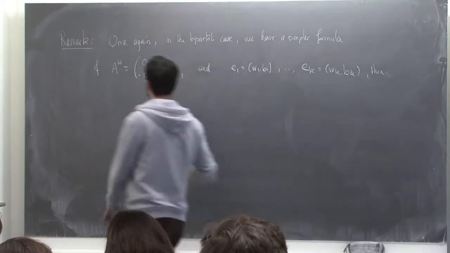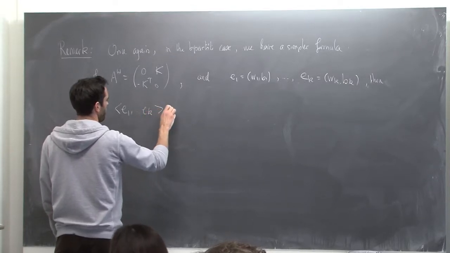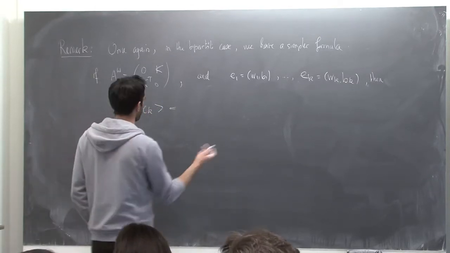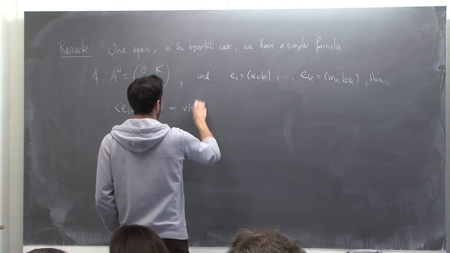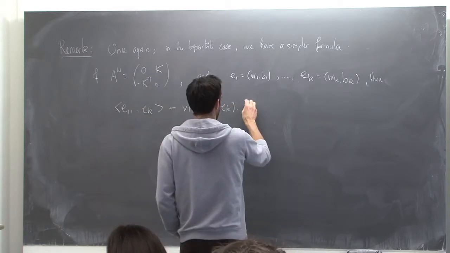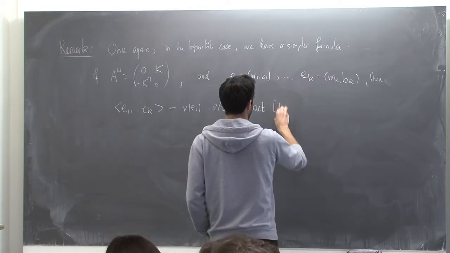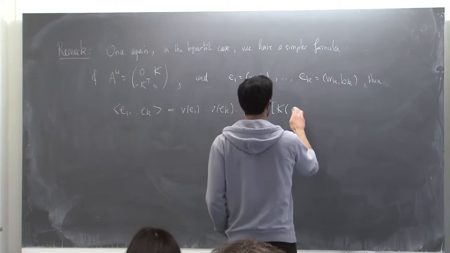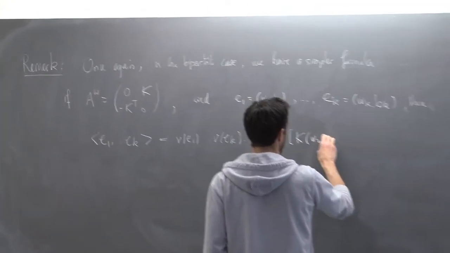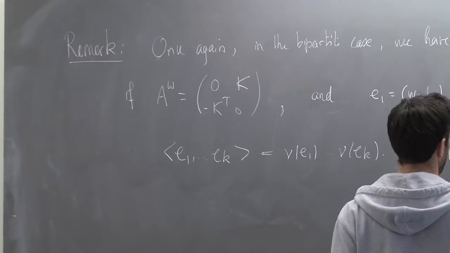Then the edge-edge correlations are given by, of course, the same product times the absolute value of the determinant of the matrix K inverse w_i b_j.